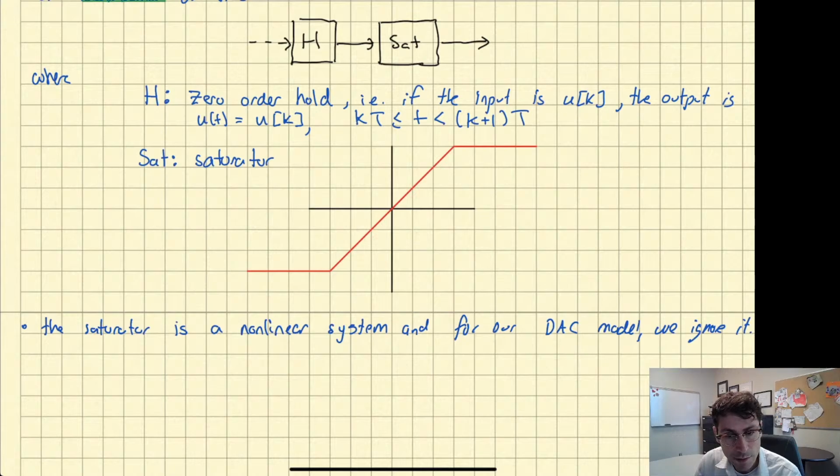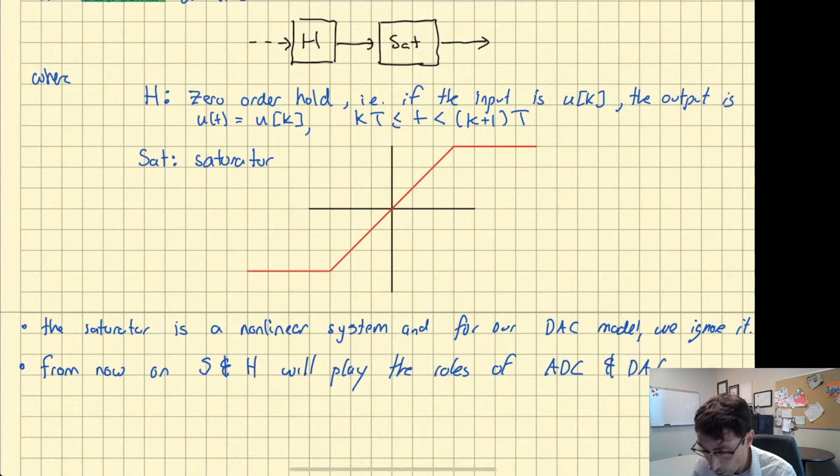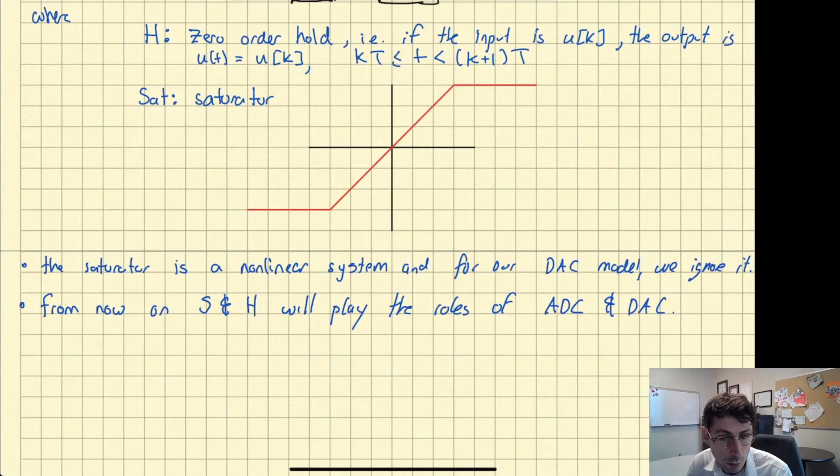Okay. So all that is to say that from now on, the sample block S and the hold block H will play the roles of ADC and DAC respectively. And we're also going to assume that they're synchronized by a common clock.